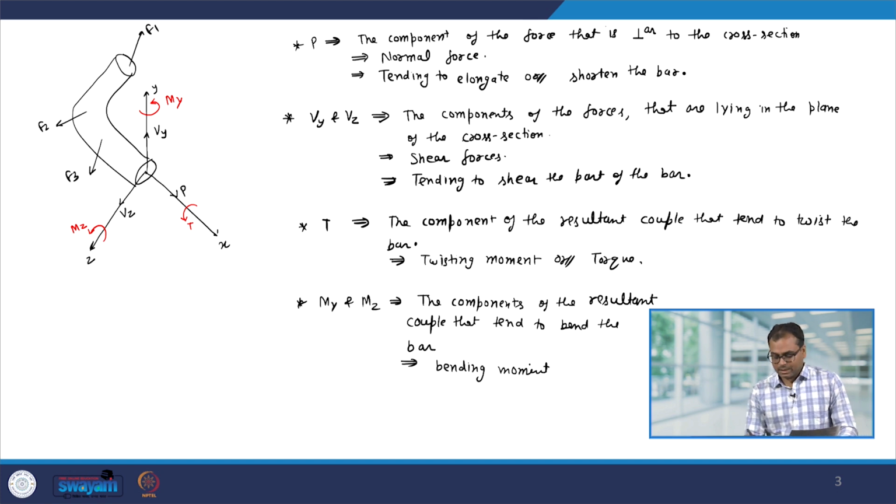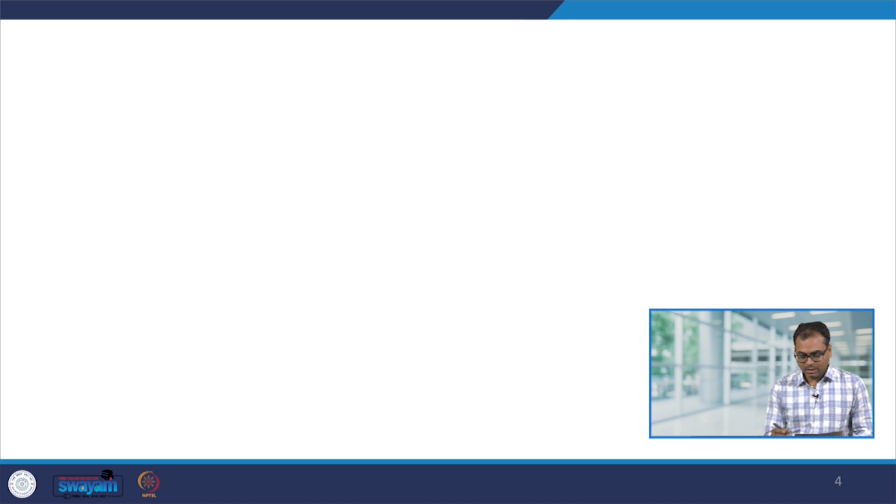So, we are interested in the shear force and the bending moment. Now, to calculate this, we also have to follow some sign convention. So, let us look at the sign convention.